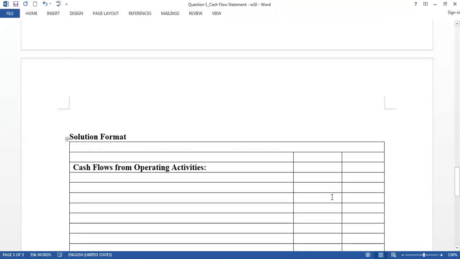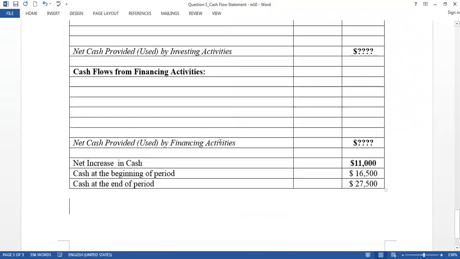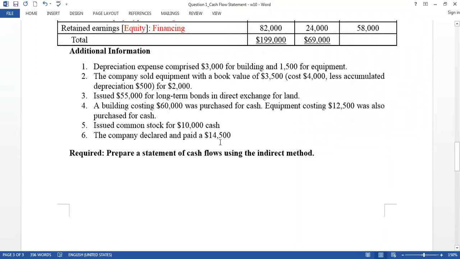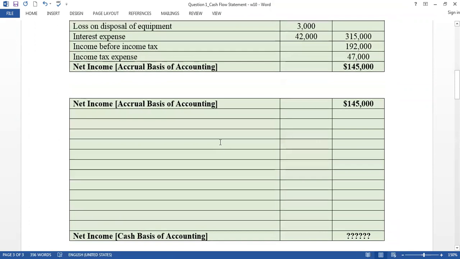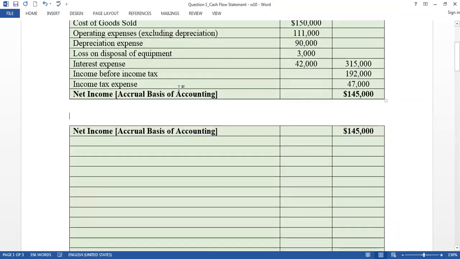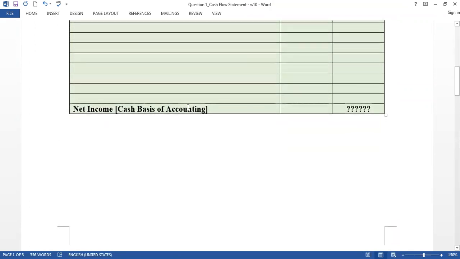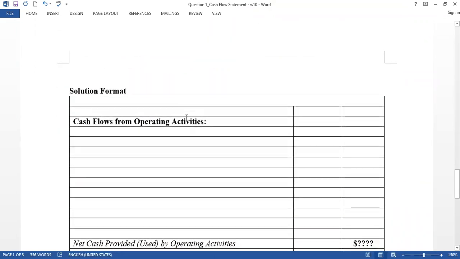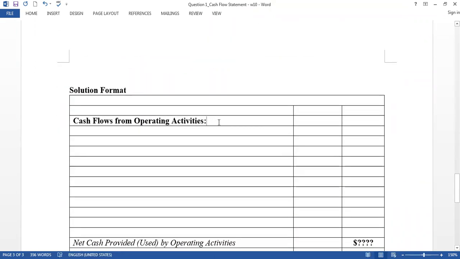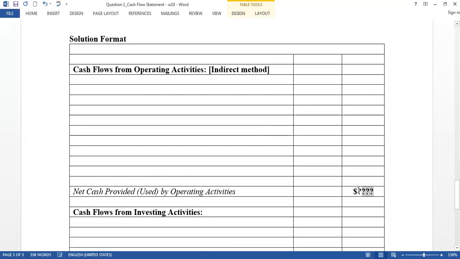So that's why we are learning who are the operating, who are the investing, and who are the financing. Now I told you that for the operating activities, we have to follow the indirect method. So to calculate this number, we have to follow which method?